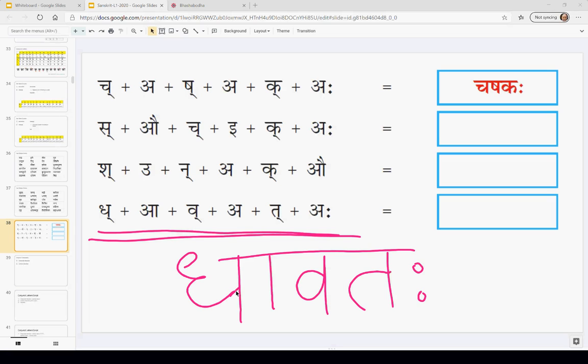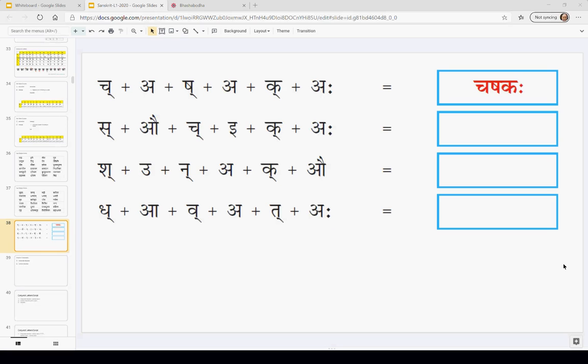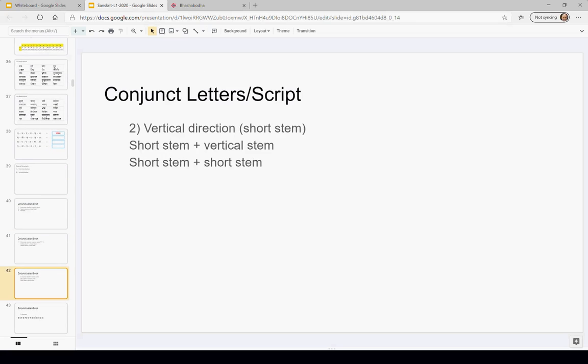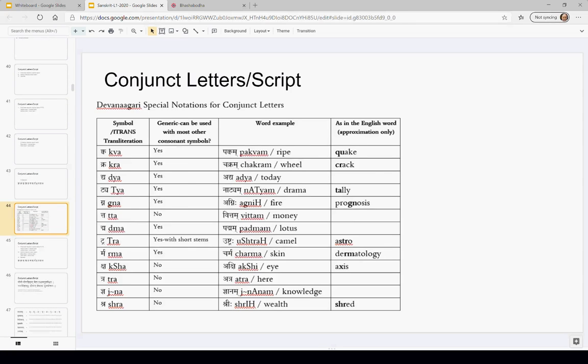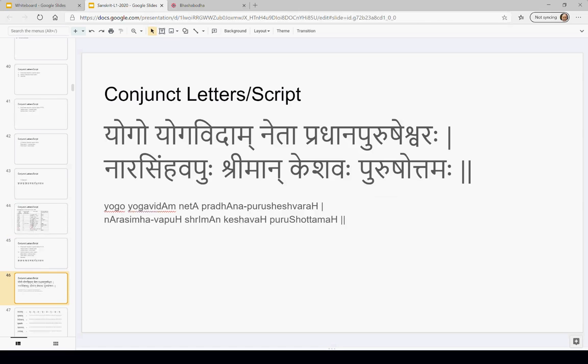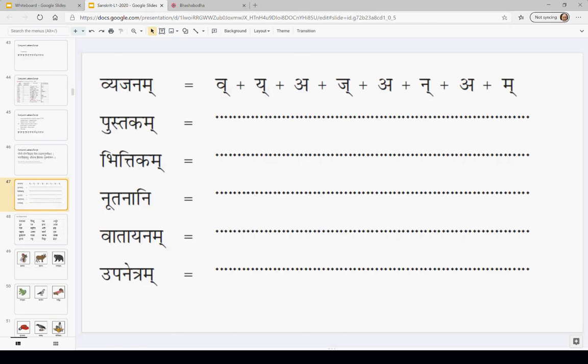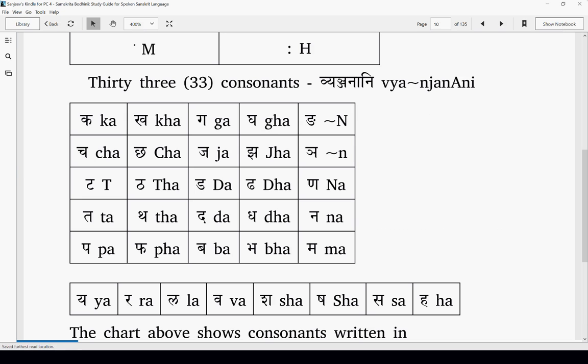Dhavataha means two people are running. We'll come to know the meaning later. It's not that important right now. So we've all gone through this. These are other things you can try. These have conjunct letters, like Bhojanam, etc. So let's move on to our book.